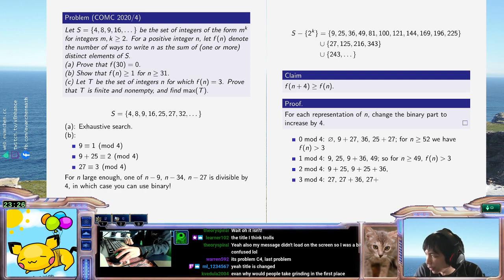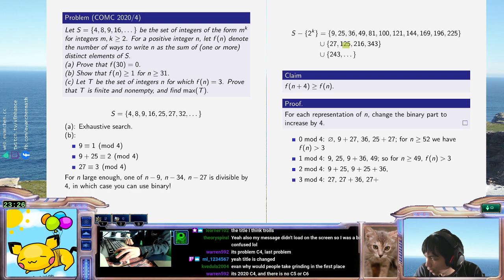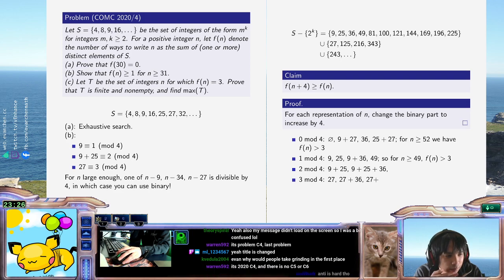Anyways, 3 mod 4 might be the worst case. Is that right? So 125 is... Is there really no smaller one than 144?